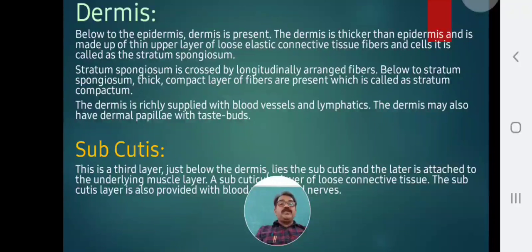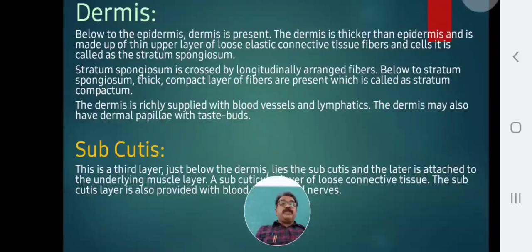Stratum spongium is crossed by longitudinally arranged fibers. Below the stratum spongium, a thick compact layer of fibers is present, which is called the stratum compactum.